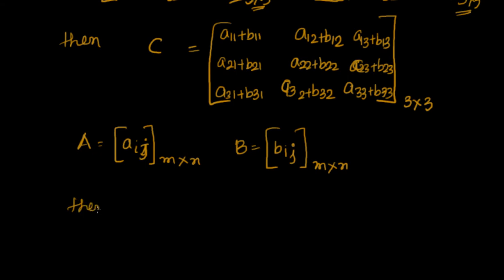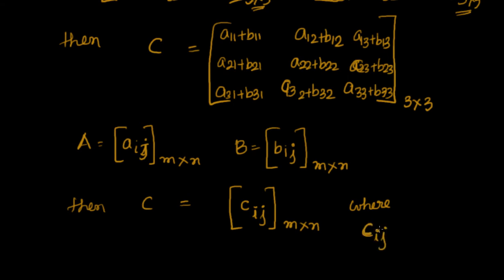Then C, if you want to add them, is equal to Cij of the same order m by n, where Cij is nothing but equal to Aij plus Bij.